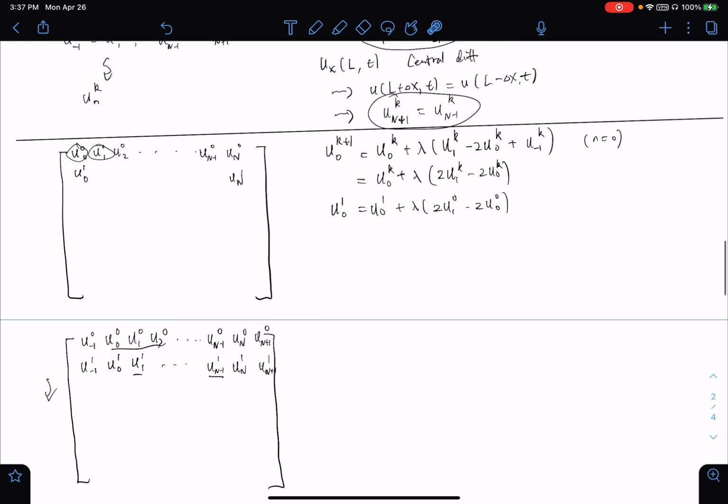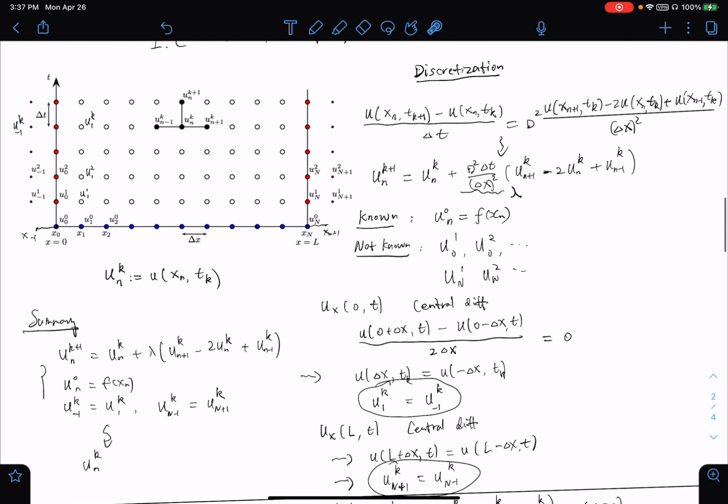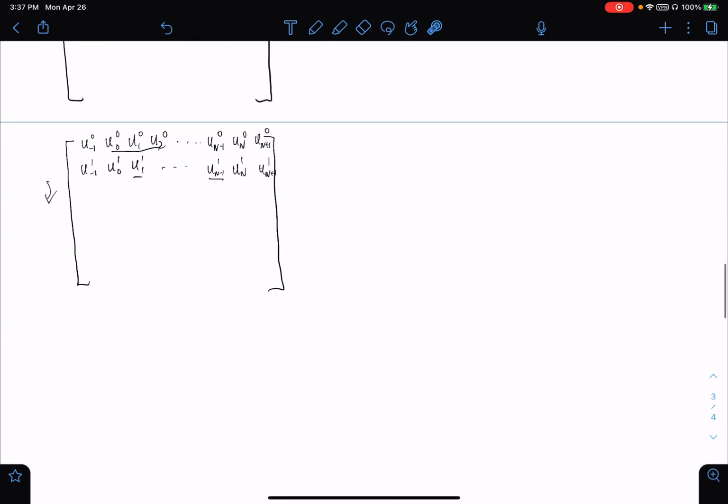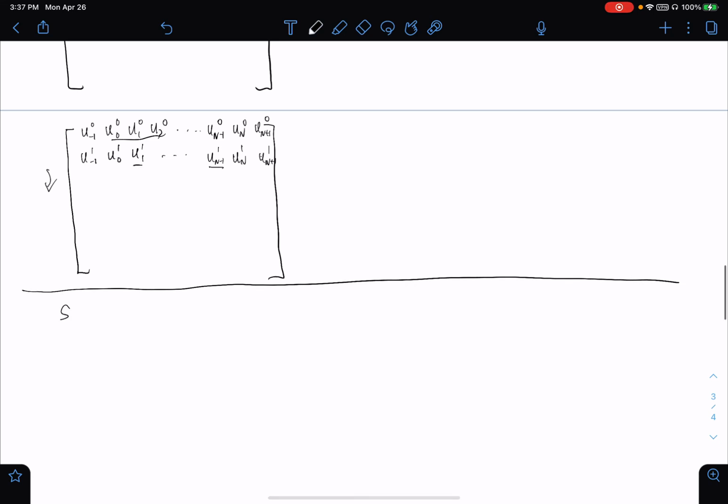And now I think you know how to use for loops, for example, in MATLAB to obtain a numerical solution for any discrete grid, right? So again, we need to guarantee stability, and the stability is the same.